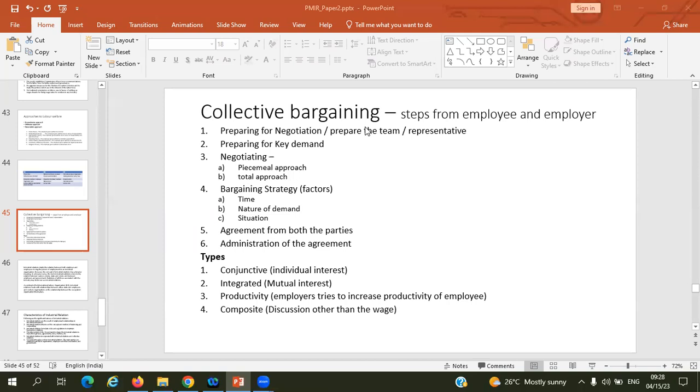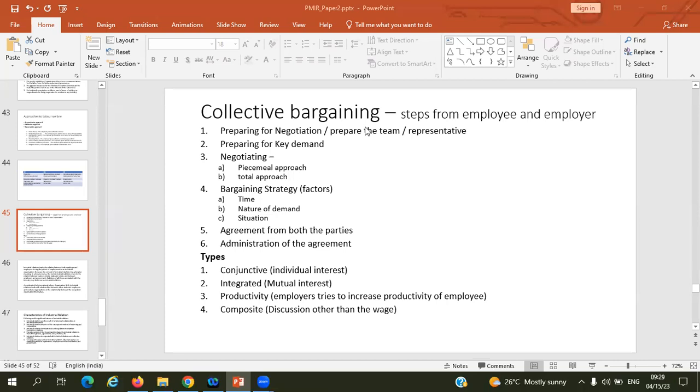They always have that kind of perception. When they increase the financial benefits, the employees will work more, the profit will be more, so the business will go on. So that is one type of bargaining.